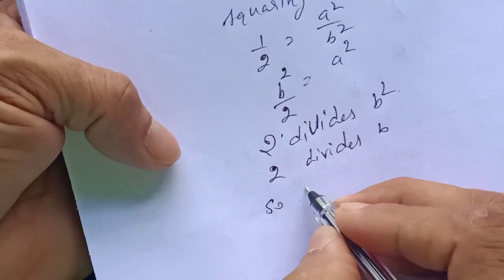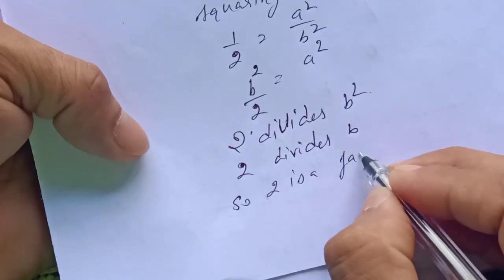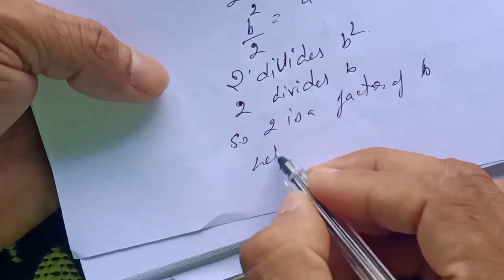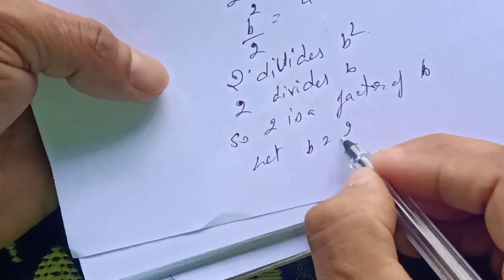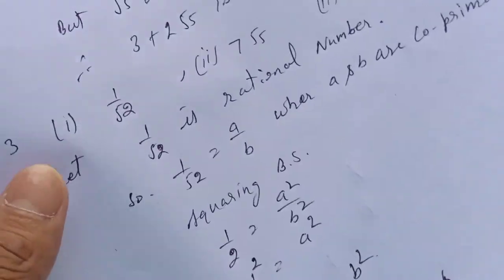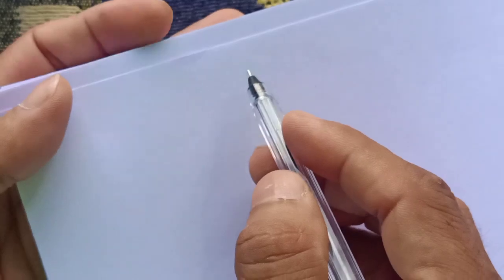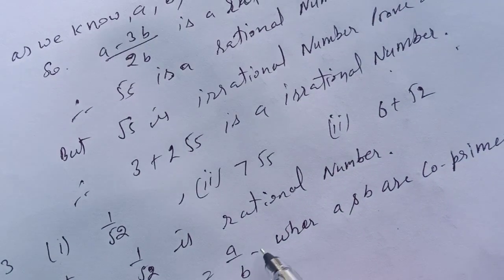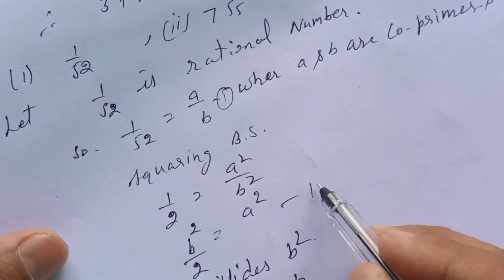So 2 is a factor of b. Let b is equal to 2p. If b is equal to 2p, put it in this. This is first and this is second.